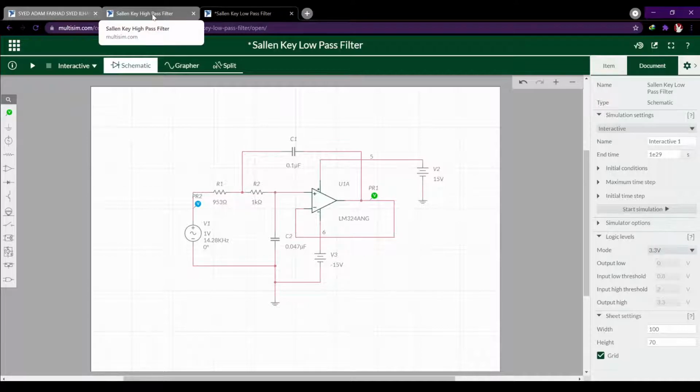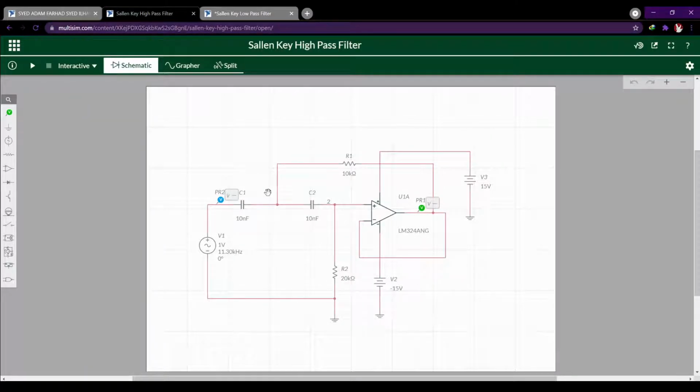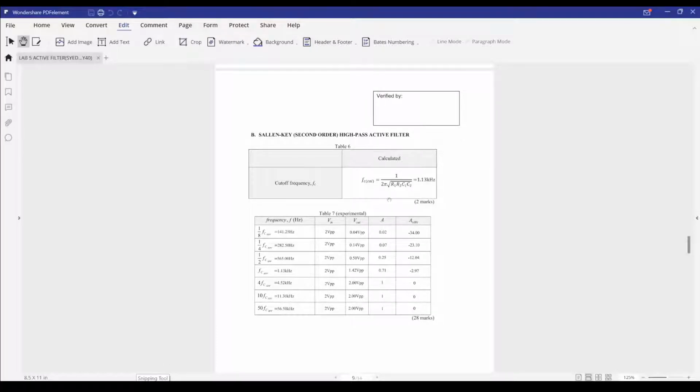For the high pass filter, it is inverted, so we need capacitor first, then resistor. That's the difference between high pass filter and low pass filter. For the high pass filter, we have a table too, which we calculated. The cutoff frequency is different because the values of the resistor and capacitor given are different.